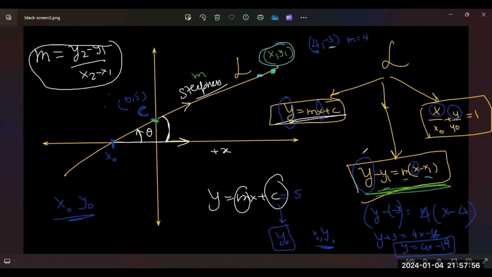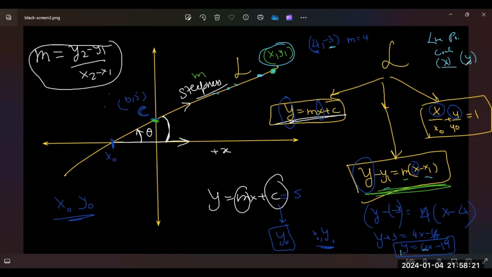y and x here are dummy variables. So they just are used to represent the relationship between the y and the x coordinates of any general point on the line. So all equations of lines, points, circles are some sort of a relationship between the x and the y coordinate. Okay.